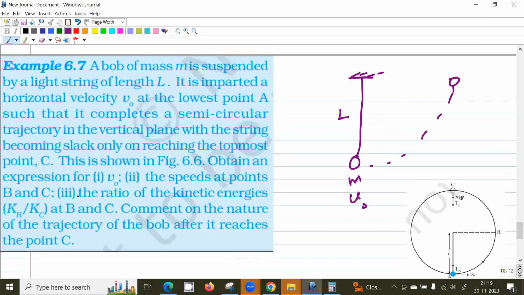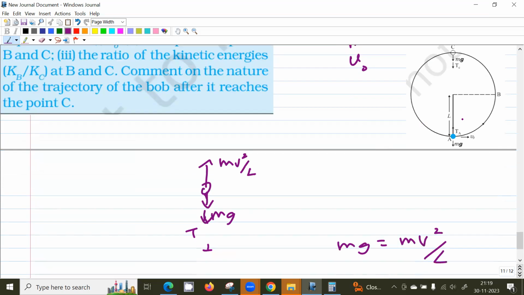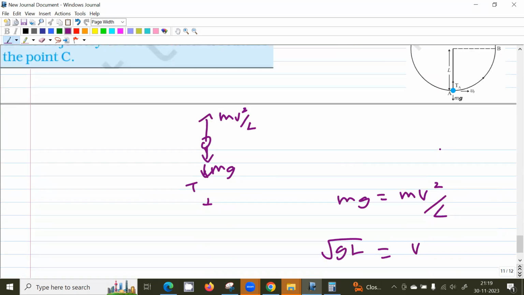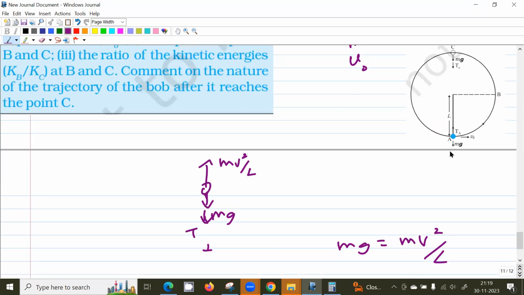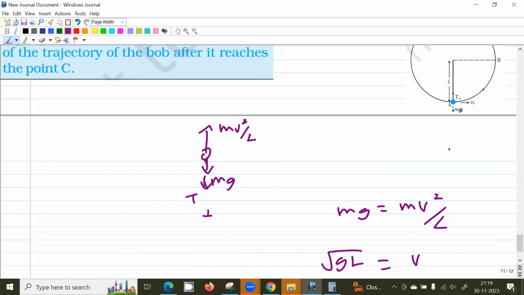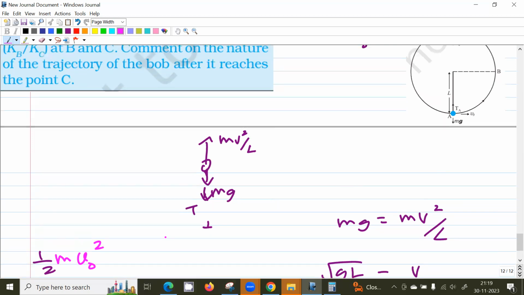So what is the question? Obtain the expression to find V naught, which is the velocity at the bottommost point. How do you say energy conservation? So energy at the bottommost point is half m V naught square, right? Okay, sir, wait. Root gL is the velocity at C. That we got from this tension being 0.